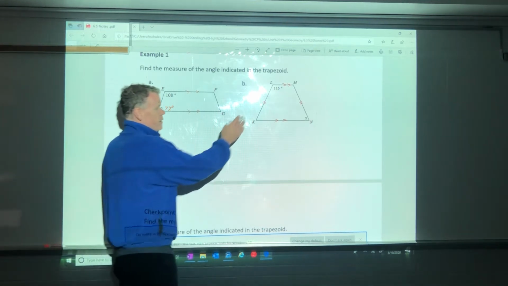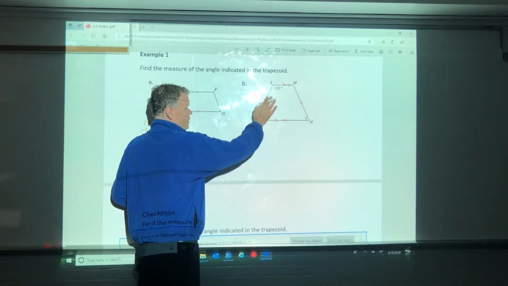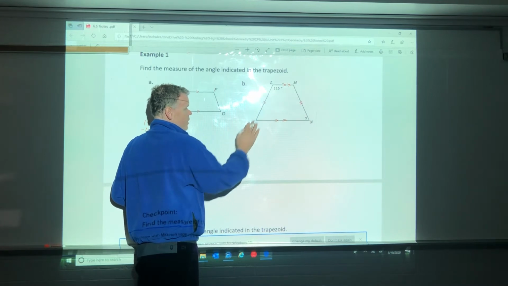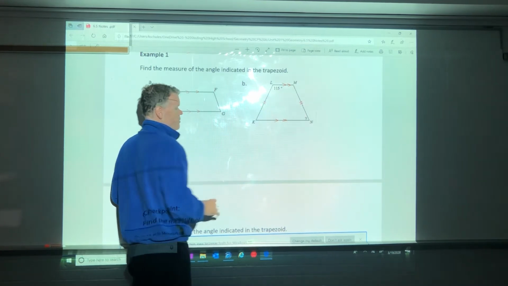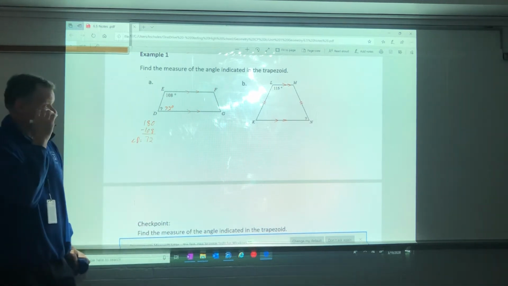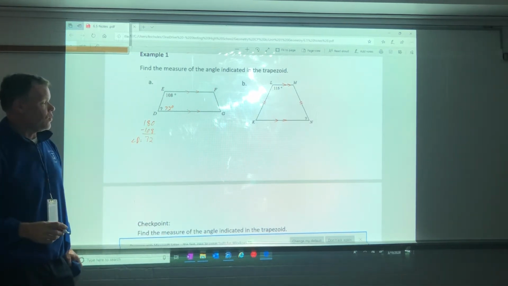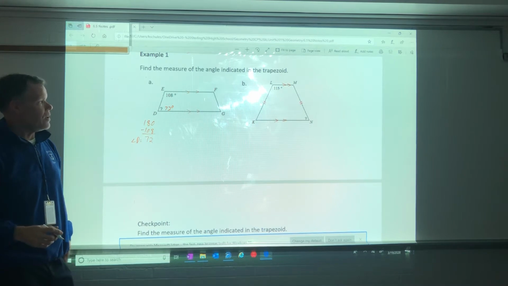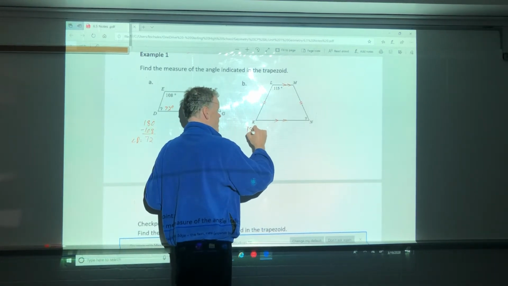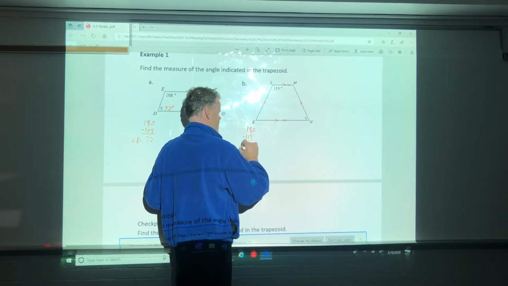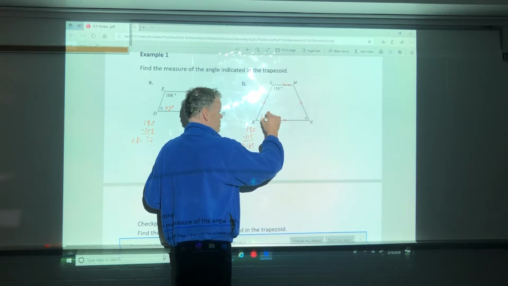If this is 115, angle L and angle K are going to have to add up together to equal 180. So we know that angle K would have to be 65 degrees, because 180 minus 115 equals angle K, which is 65 degrees.